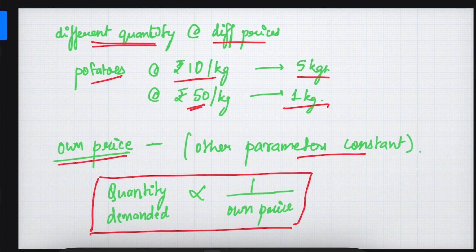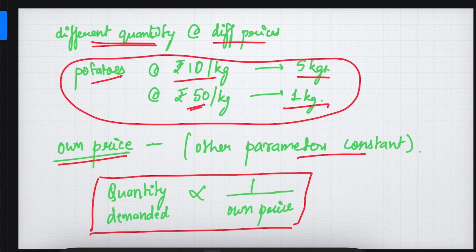The law of demand states that if the own price of a good increases, then the demand for it would reduce. We have seen it in this example of potatoes: if the price of the potato increased from 10 rupees per kg to 50 rupees per kg, then the demand for potatoes reduced from 5 to 1 kg.